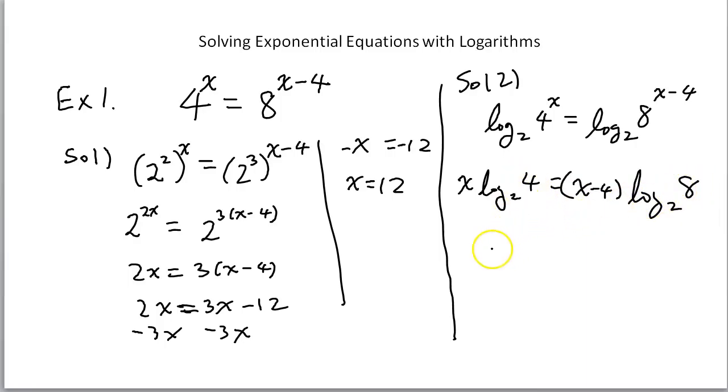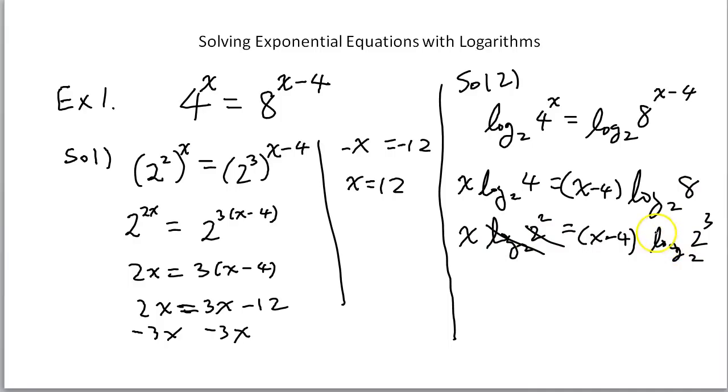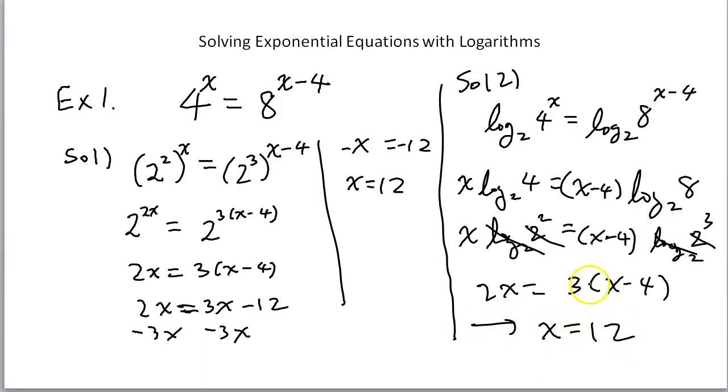Now because 4 is 2 to the second power, and 8 is 2 to the third power, the logs cancel, giving you 2x equals 3 times x minus 4, which is the same as this other equation you got. And therefore, after this, you run into the same algebraic simplification, and that gives you x equals 12.